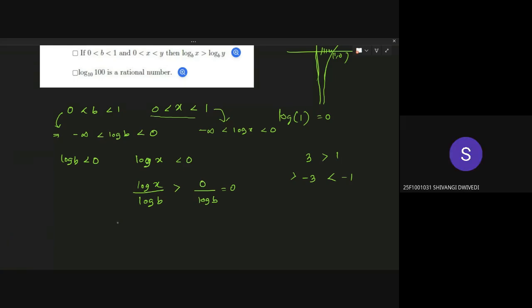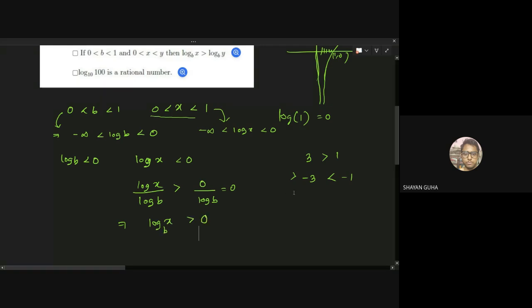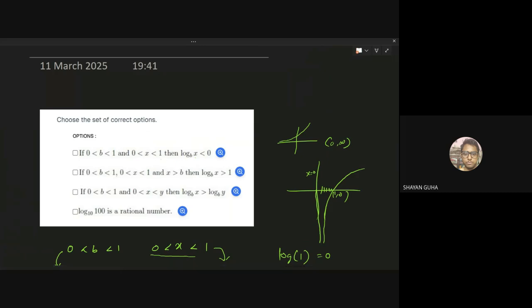So what is this? This is nothing but log of x base b, and I am getting that this is greater than 0. But in the question it's given that it's less than 0. So the first option is incorrect. Tell me if any problem occurred till this point.